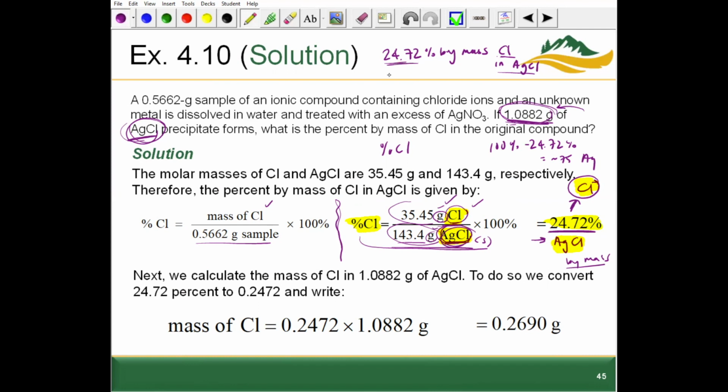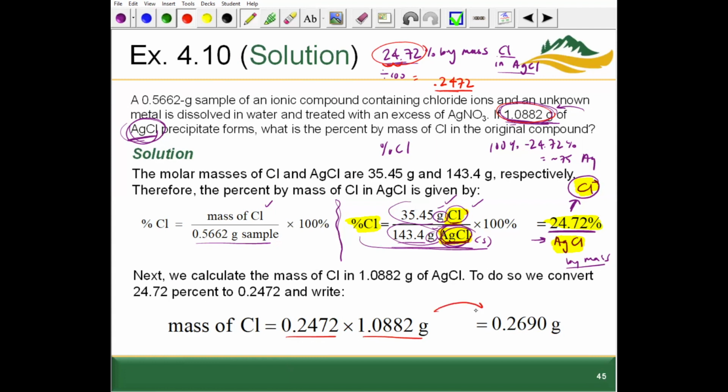So we need to find 24.72% of this total mass. So if we divide this by 100 to get it out of a percentage, that's equal to 0.2472. So in finding 24.72% of the total mass of silver chloride, we want to take 0.2472 times this total mass.